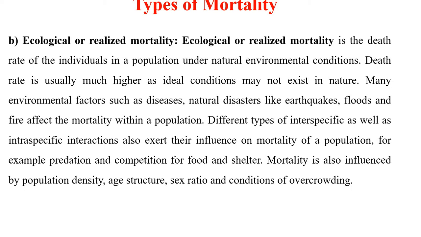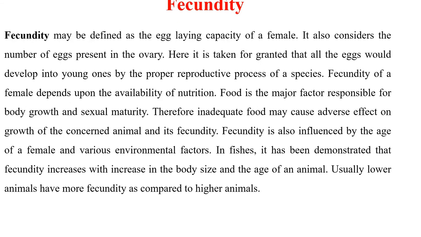Different types of interspecific, meaning between the species, as well as intraspecific interaction, intra meaning within that particular species, also exert their influence on mortality of a population. For example, predation and competition for food and shelter. Mortality is also influenced by population density, age structure, sex ratio, and condition of overcrowding in that particular habitat.